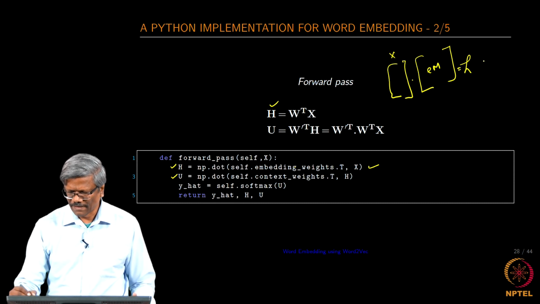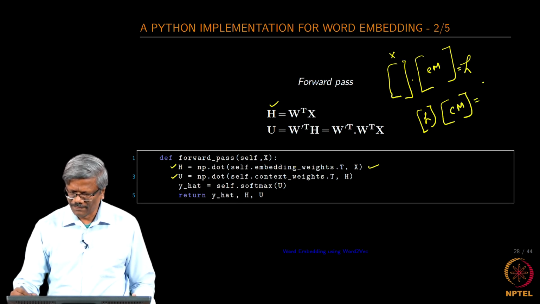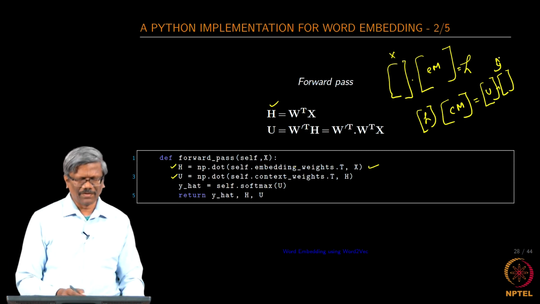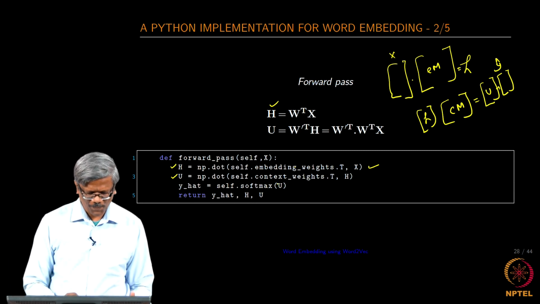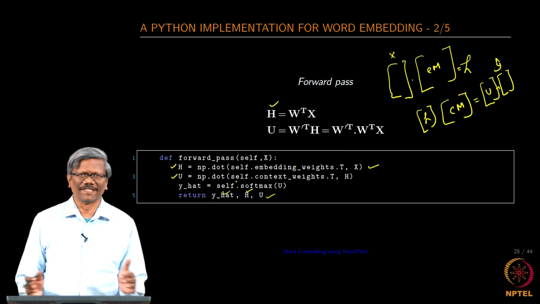So, we have H here, and then you have the context matrix. Now, we will give you U, and then this results in y hat. Okay, and then I return all the three values in one go. So, we have computed H, U and y hat in the forward pass. How easy it is, right.